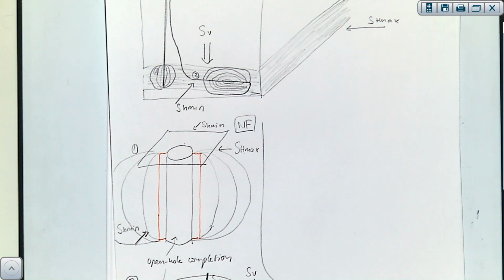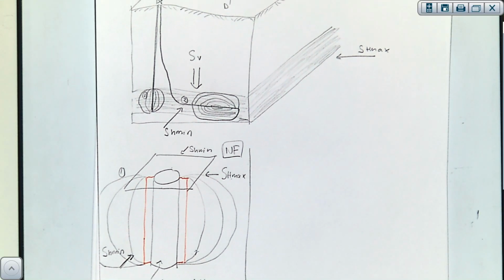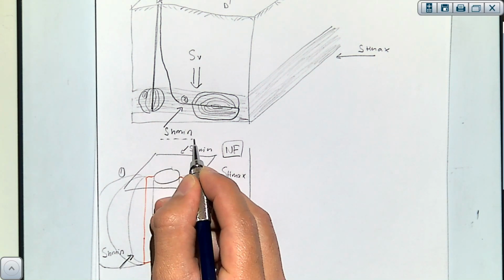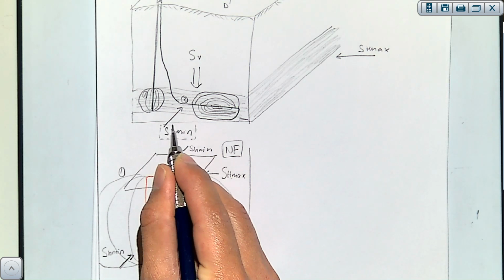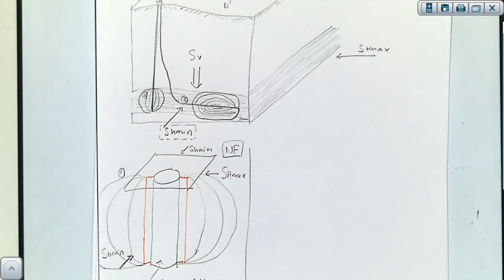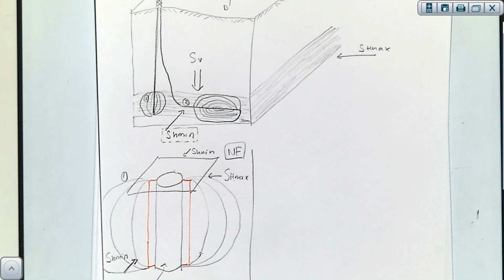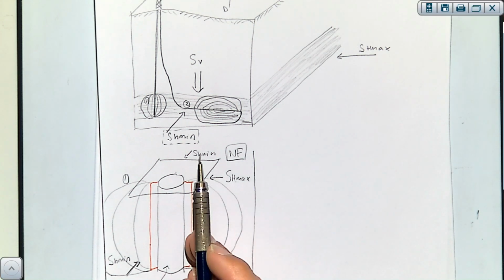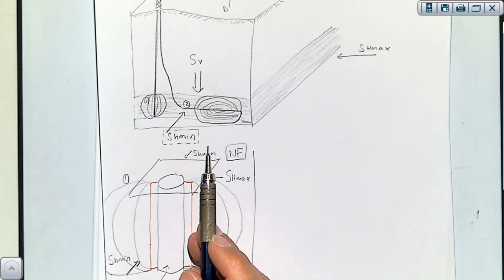Yes, Stephanie? Do fractures grow longer in the up direction than the down direction? It depends on many things, and we'll talk about fracture height, but it depends on the properties of the rock, and it depends a lot on how horizontal stress varies with depth.